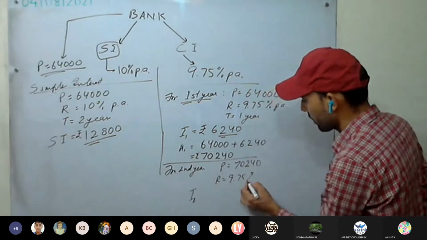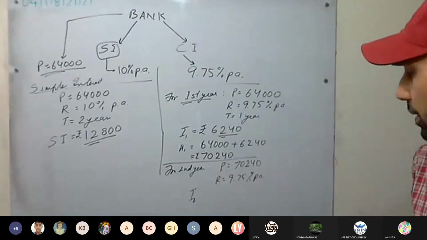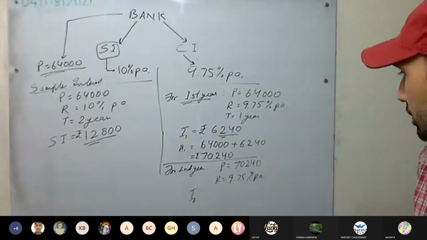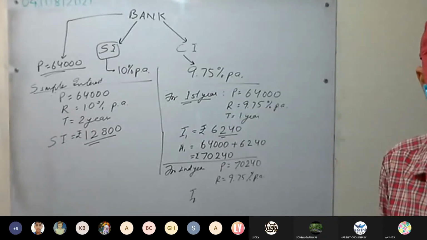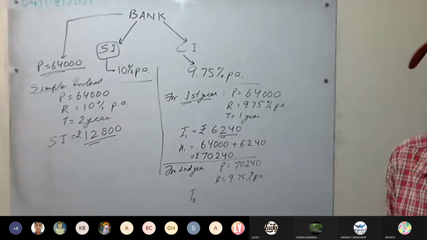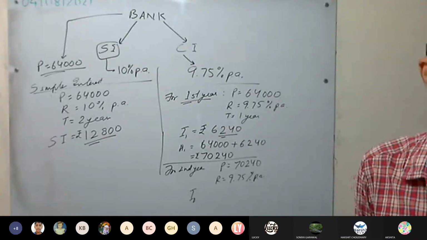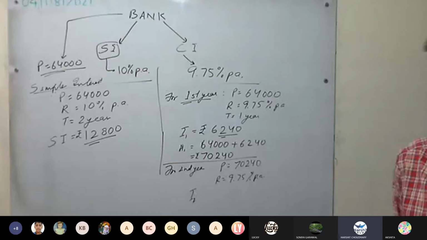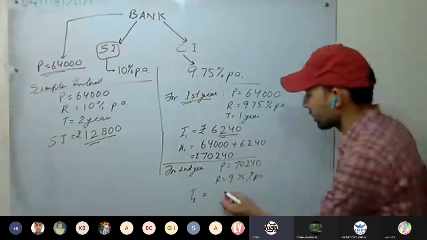Calculate the interest. Take your time and calculate the interest. 6,848.4, that is 0.4 rupees.